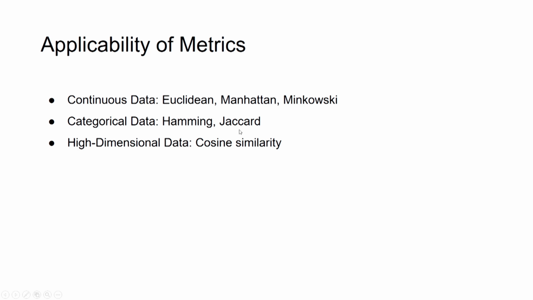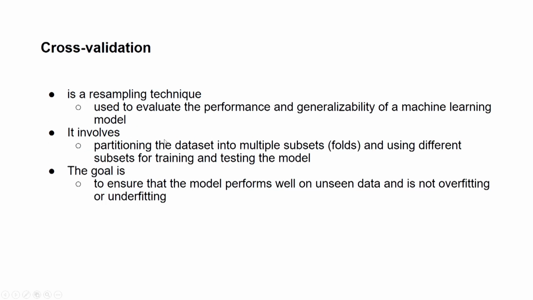We have already seen that if your data is binary data or categorical data, then we can use Jaccard distance. And in case of high dimensional data, when we are not that much interested in the absolute value differences in these instances, in that case we can use cosine similarity.